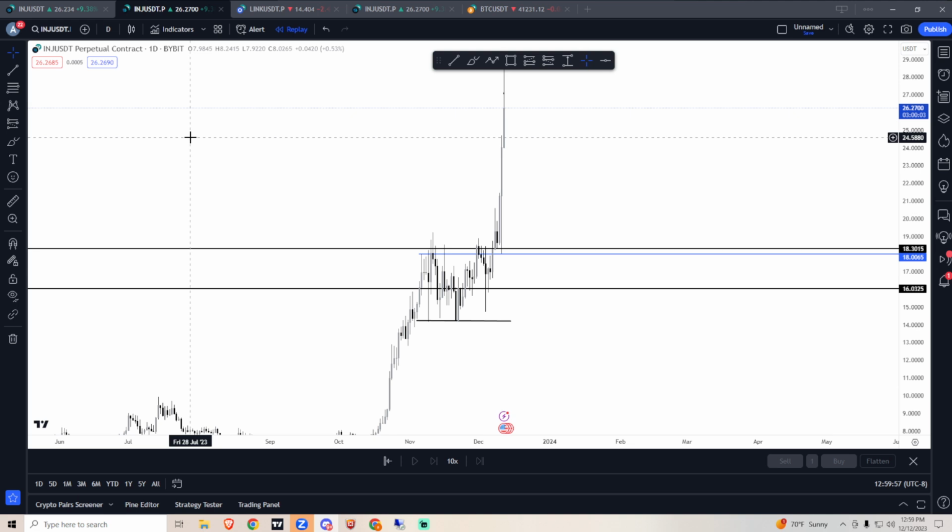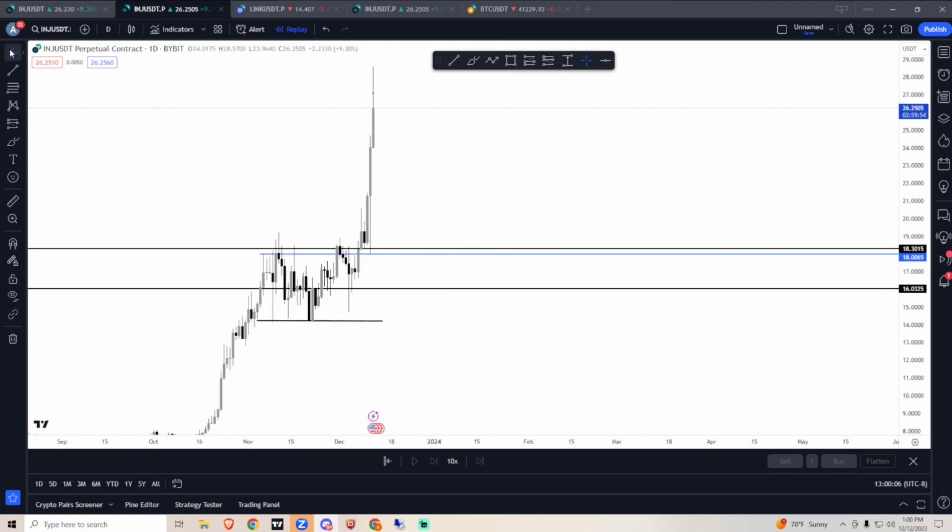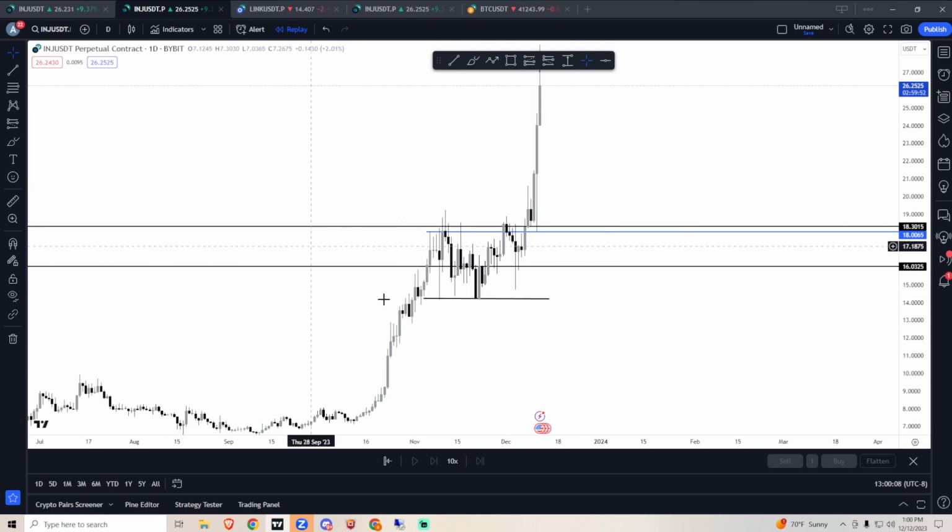Yeah. So when I teach my class on my techniques of supply, demand, and support resistance, we look for confluence within a range, right?